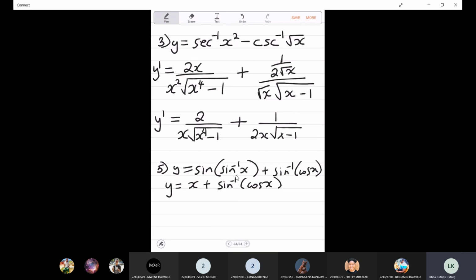Now we differentiate y prime. This is 1 plus the derivative of cos x, which is minus sine, and then square root of 1 minus the function squared. Here 1 minus cos squared, we know, is sine squared, and the square root of sine squared is sine.